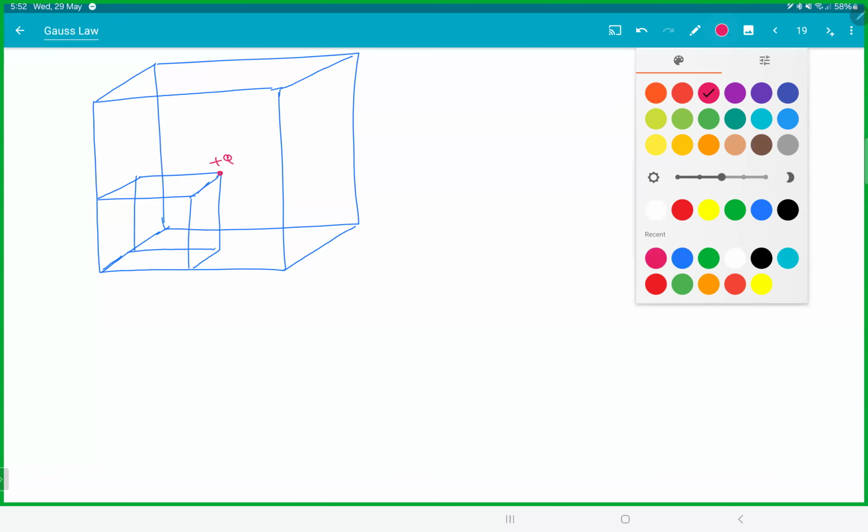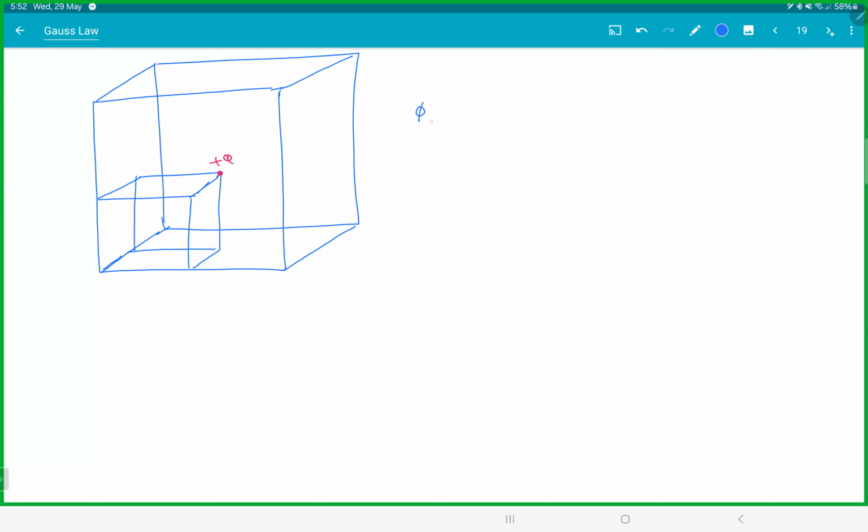Agreed? The flux through the big cube is q by epsilon. Now there are 8 small cubes. The flux through each cube, they divide equally because of symmetry, is 1/8 of q by epsilon. So that's the flux.